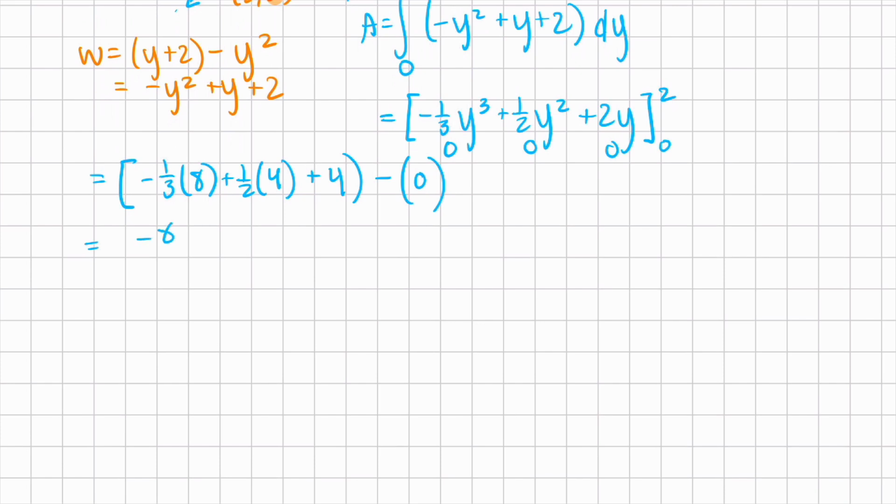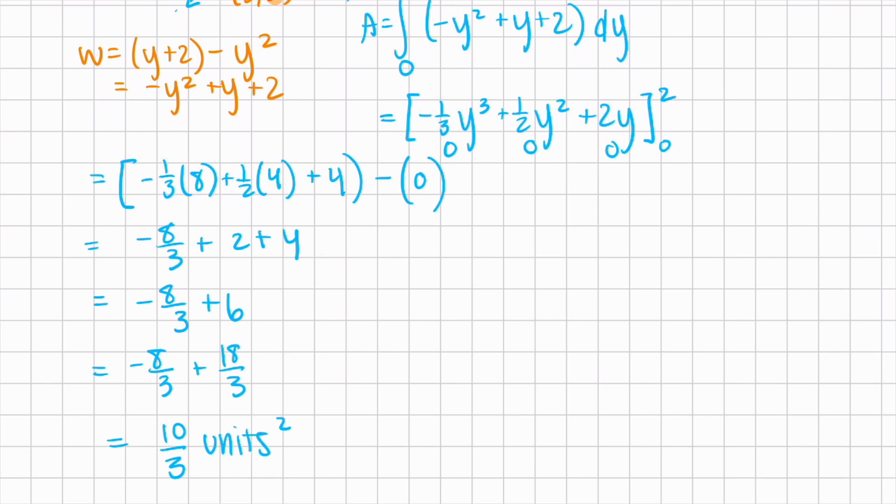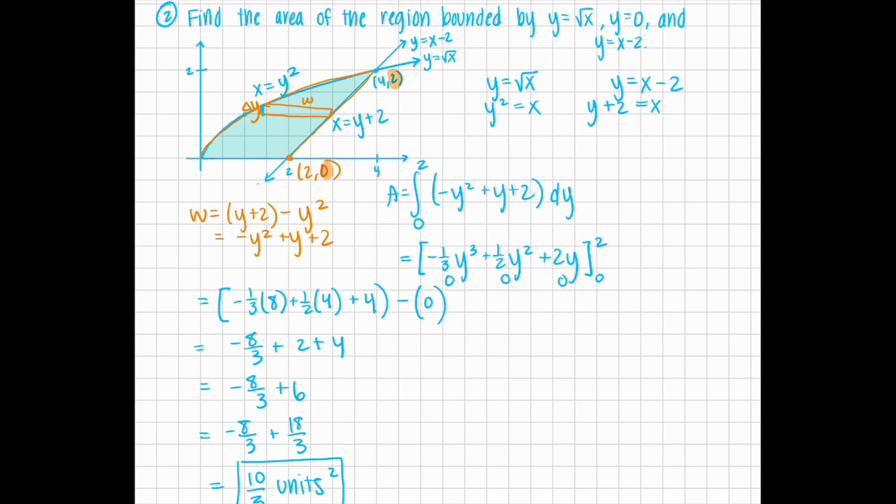So this is going to be negative 8/3 plus 4 times 1/2 is 2, plus 4. This is negative 8/3 plus 6, which is negative 8/3 plus 18 over 3, getting common denominators, which is 10/3 units squared. And that is our second example.